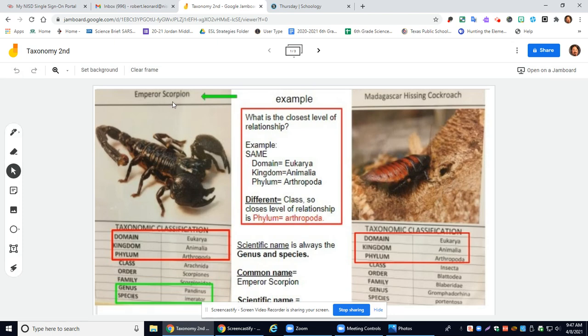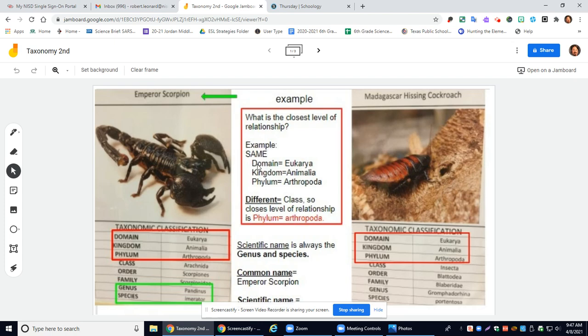All right, so looking at my screen, we have an emperor scorpion and a Madagascar kissing cockroach. And what we're going to do is compare how closely related they are. So it says, what is the closest level of relationship? All right, so this is the example problem. For example, they belong to the same what?